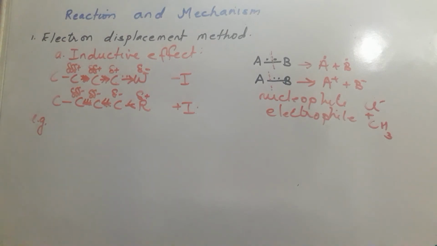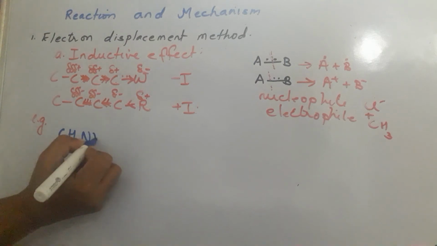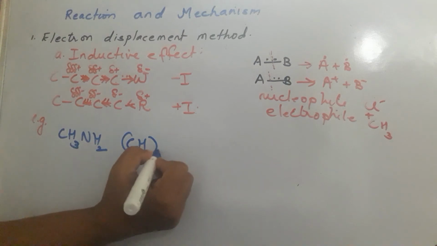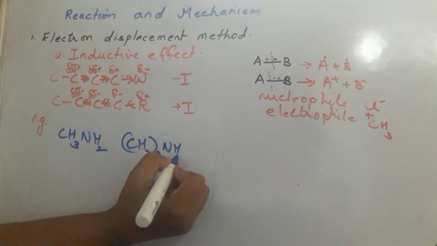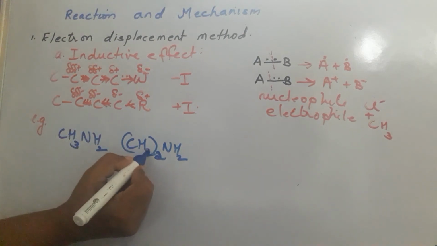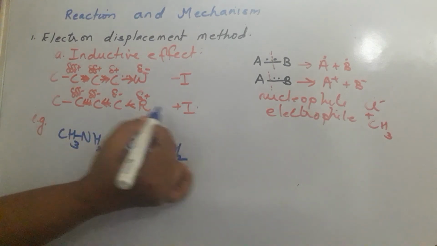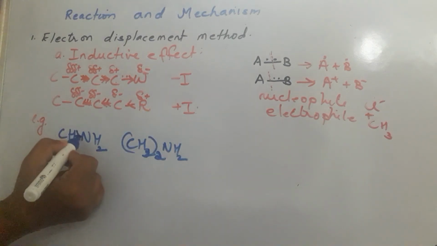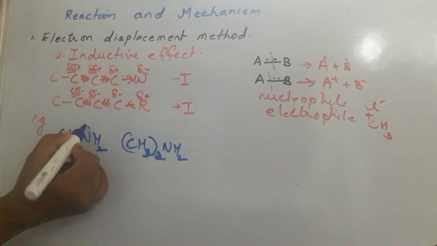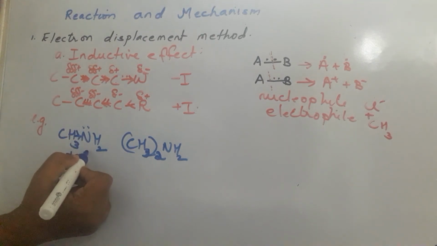Suppose there are bases methylamine and dimethylamine. You will see here that methylamine has only one methyl group, which is an electron repelling group and shows plus I effect, increasing the electron density on nitrogen, thus making it basic in nature.